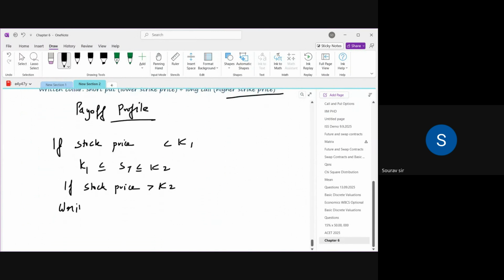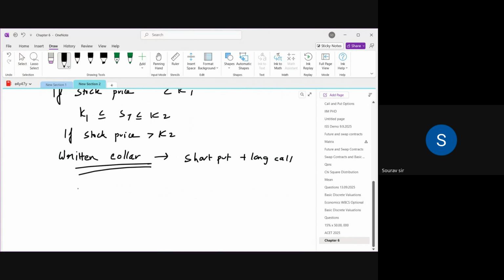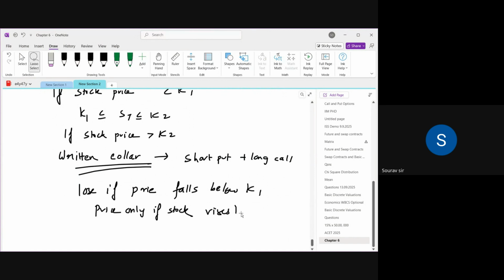So what is the reverse collar? The opposite. Short put plus long call. Short put means lower strike and long call means higher strike. This creates exposure. You lose if price falls below K1, and you gain only if stock rises beyond K2, and flat between strikes.